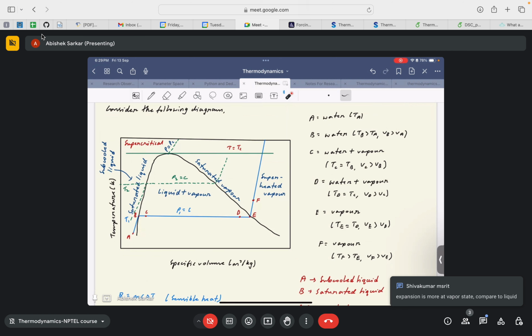This is a function of both pressure and temperature, and they interplay in a way that they try to cancel each other out. They play opposite roles, right? An increase in temperature will expand the substance, and an increase in pressure will contract it.